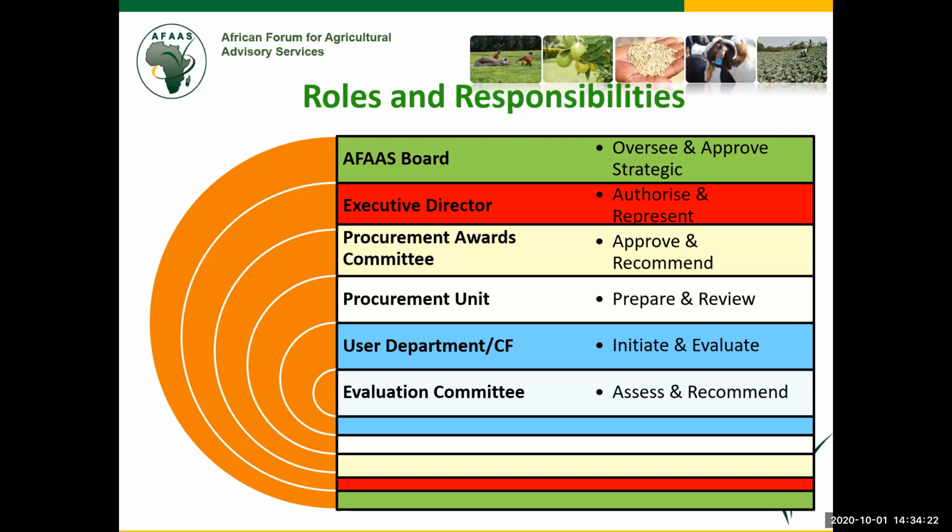The role of the procurement unit is mainly to prepare and review. The role of the user department is to initiate and evaluate. Then the evaluation committee assesses and recommends. So these simple words at times in our organization are overrun.